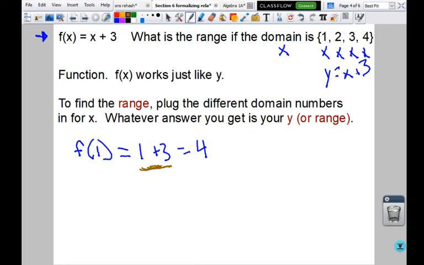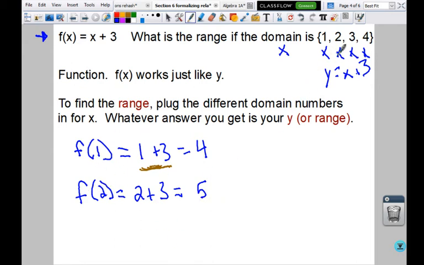So I plugged in 1 for my first thing. We're going to do basically the same thing, except this next time, I'm going to plug in 2 for my x. Now I'm going to find out what f of 2 equals. So I'm plugging in 2 for my x, so I'm going to go 2 plus 3, which is 5. So f of 2 equals 5. Okay, we're going to keep going.